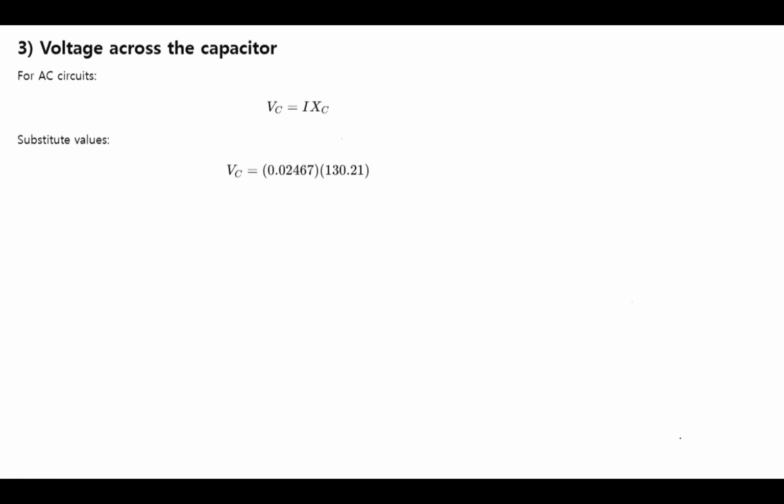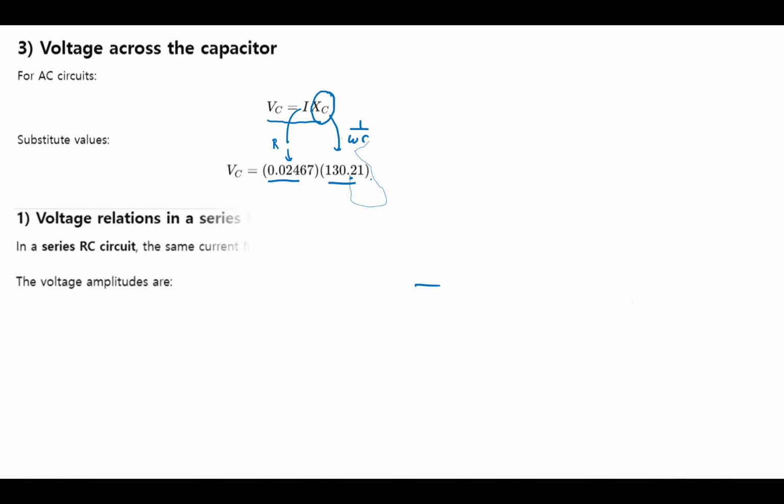For the AC circuit, the Ohm's law version for the capacitor uses the capacitive reactance. So we know I from the resistance, and Xc is 1/omega C. We can just plug in these numbers, and it is given by this one.